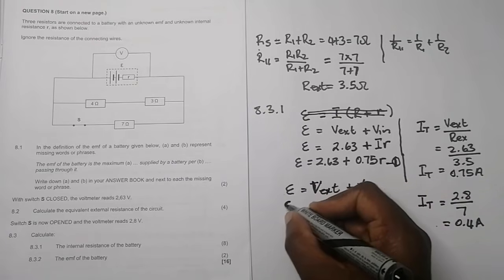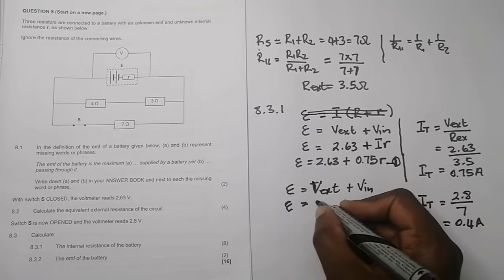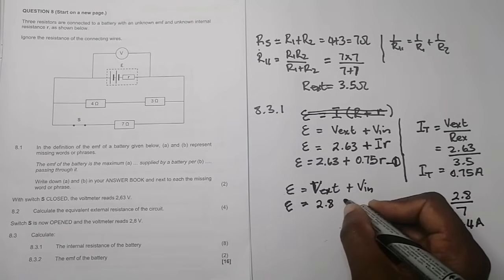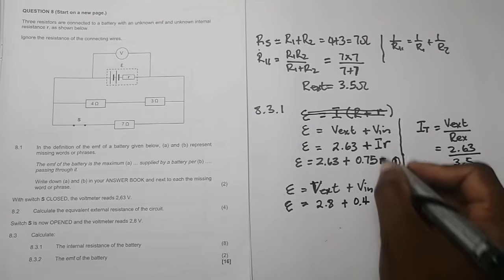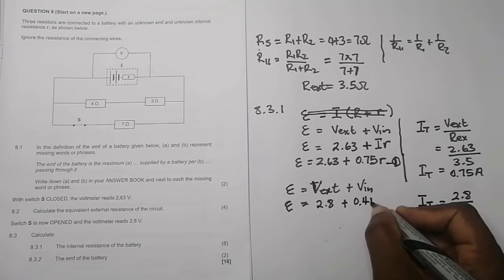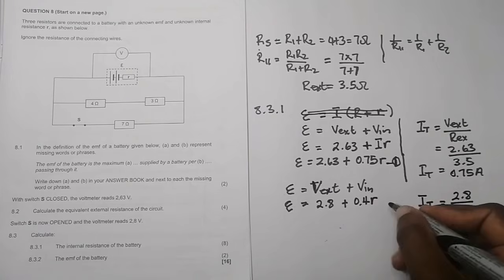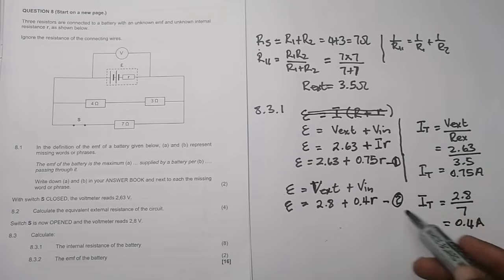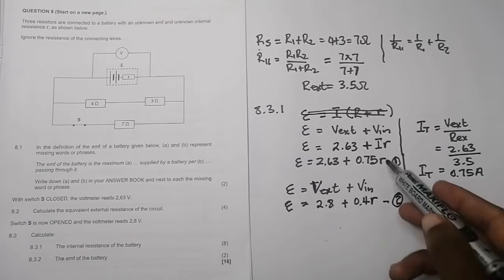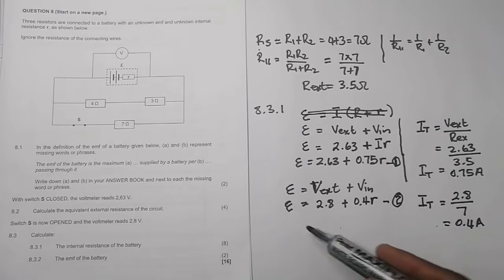In this case we still don't know the value of the EMF. Our V external value this time is 2.8, but the internal voltage is 0.4 amperes, I times R, multiplied by the internal resistance. Let's call this equation 2. Please note that the internal resistance is the same for both setups, so is the EMF.